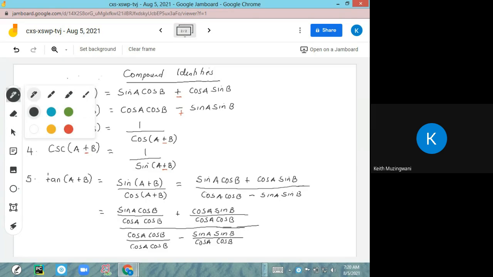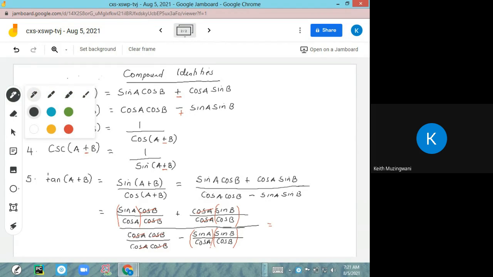So if you take a closer look, you will notice that this here can cancel, this here can cancel, this here can cancel, this here can cancel. So if we simplify this, when you have sin B over cos B, that is tan. When you have sin A over cos A, this is tan.